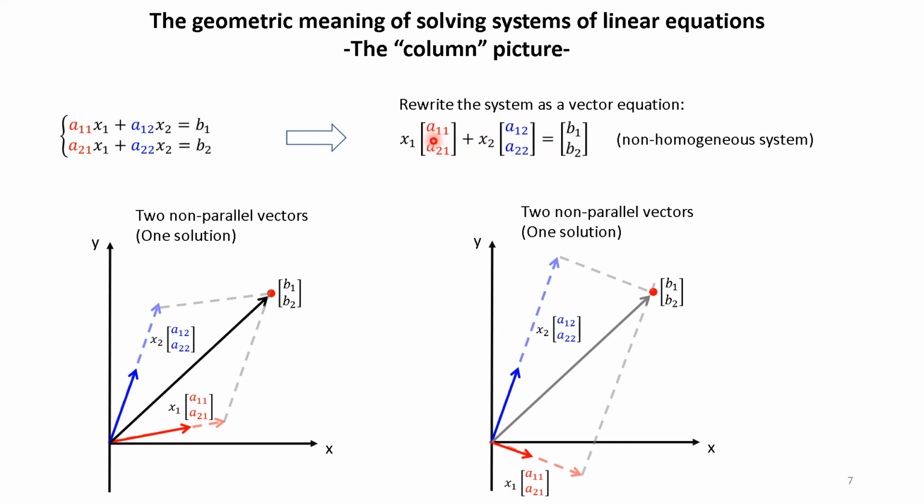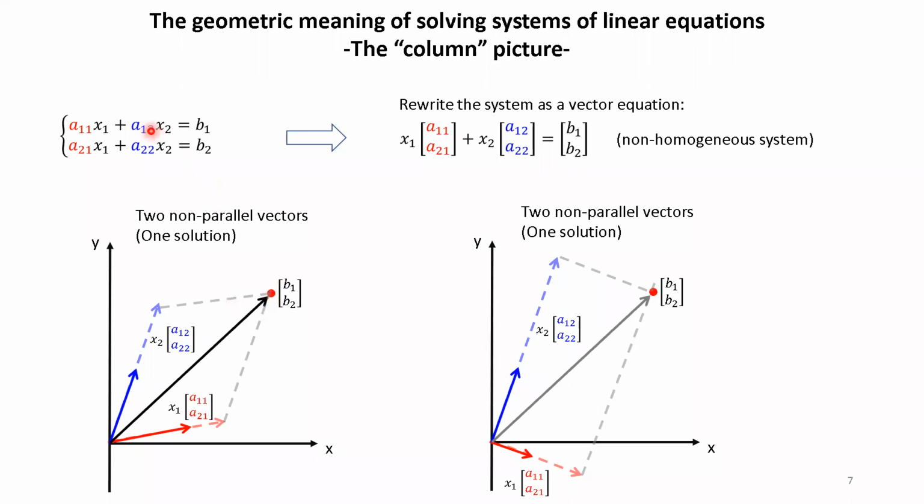Looking at it geometrically, a11, a21 will be represented by this red arrow, the red vector in this xy plane. And a12, a22 will be the other vector, this blue vector here. And this b1, b2 will be this black vector.